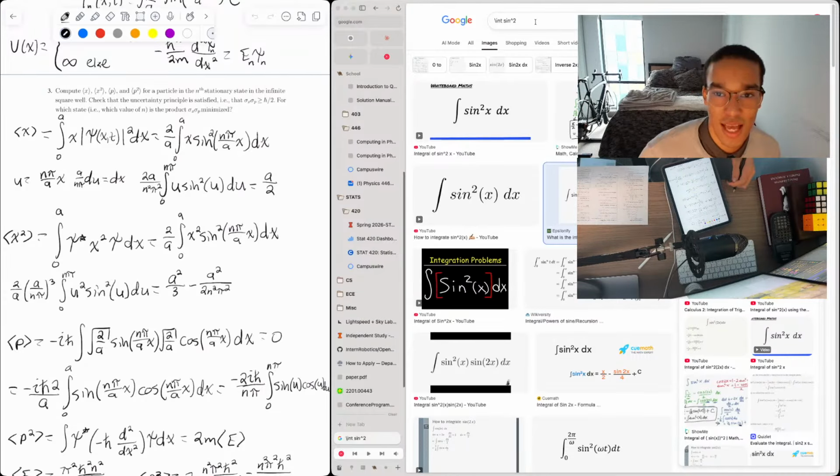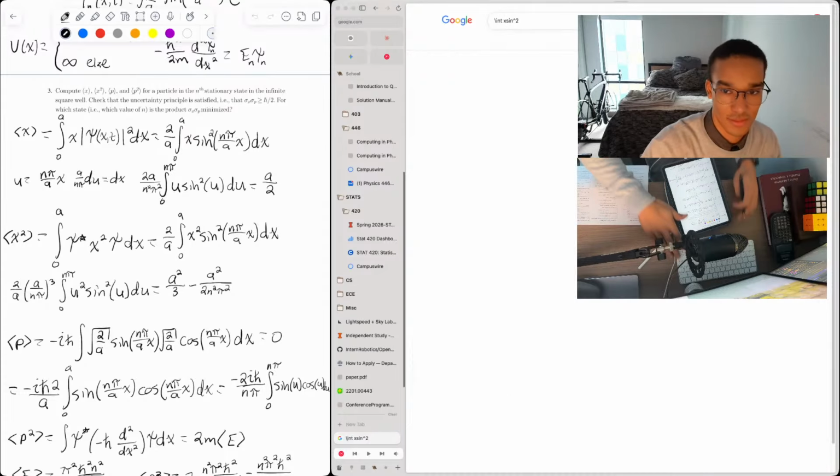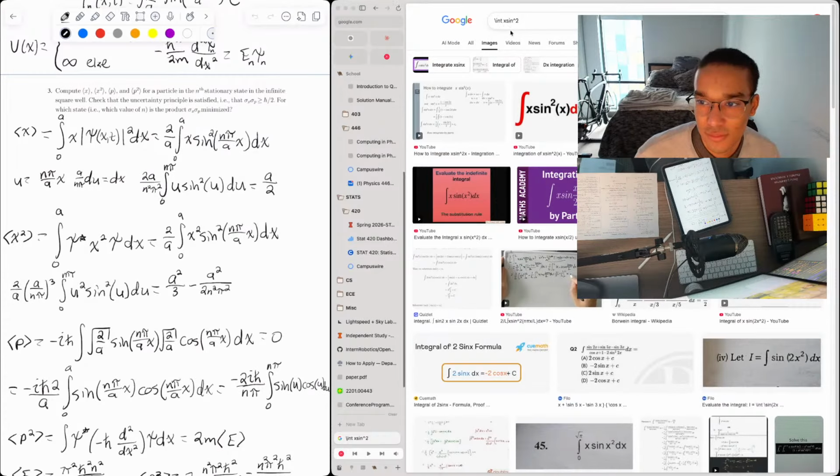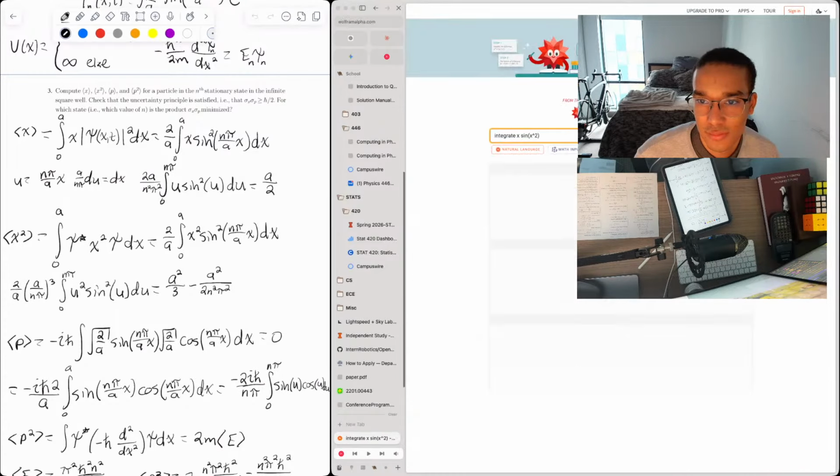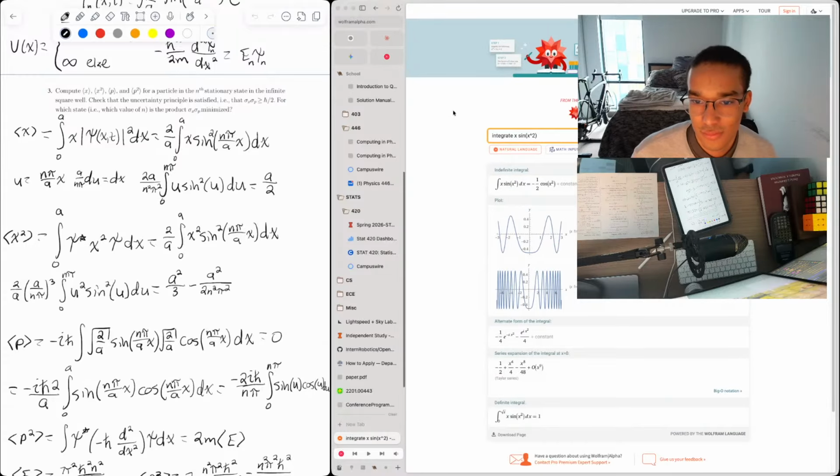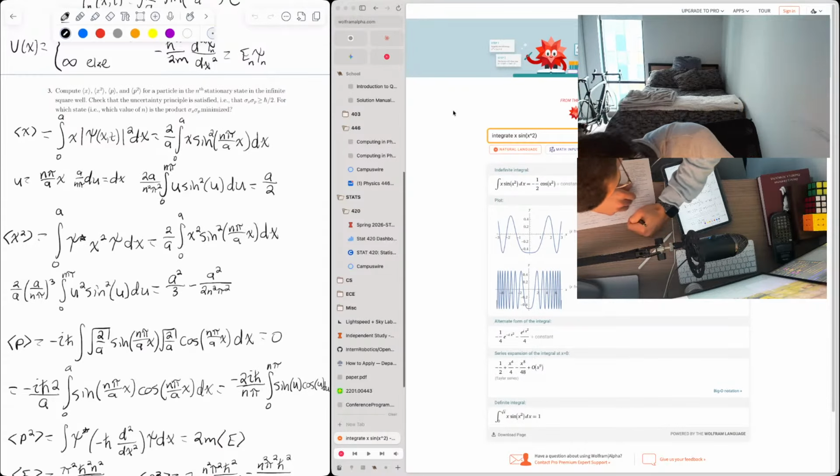What's the integral of x sine squared? This one's way easier.